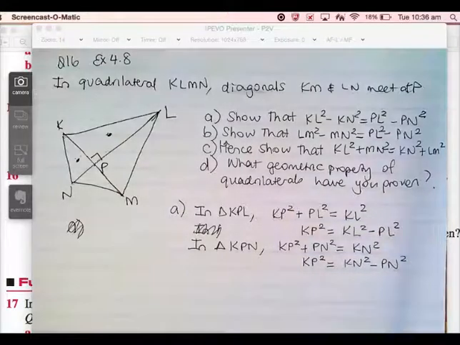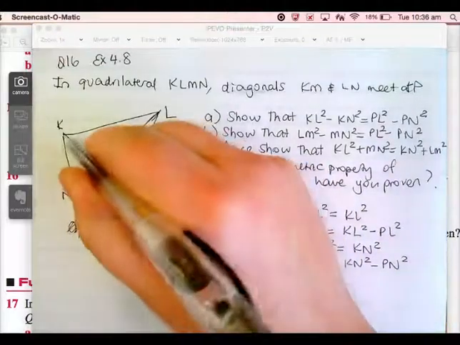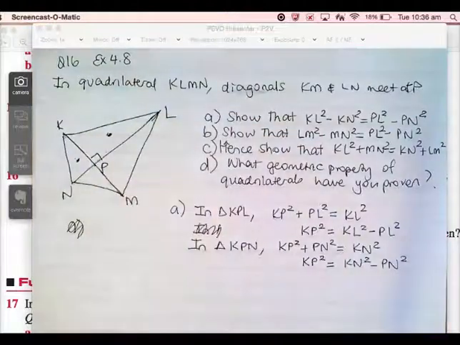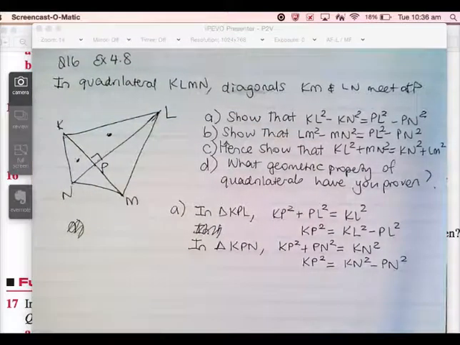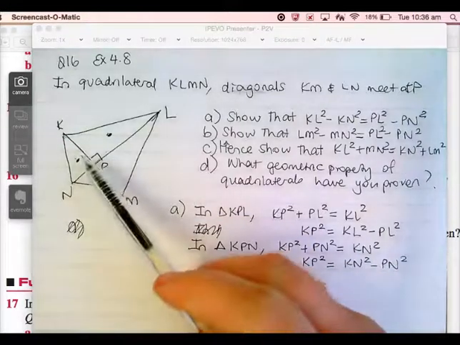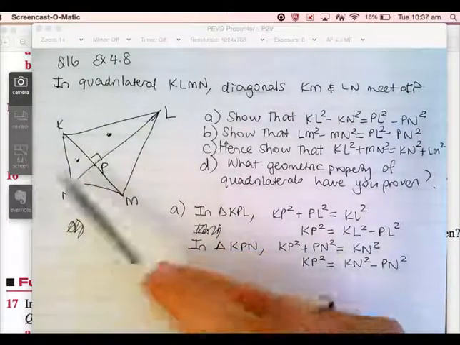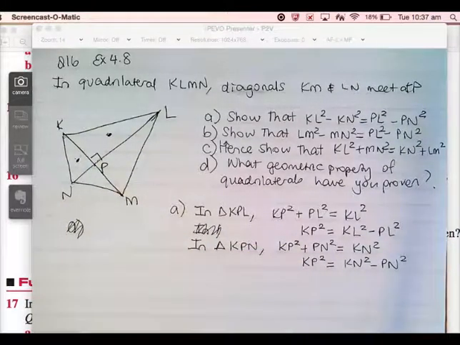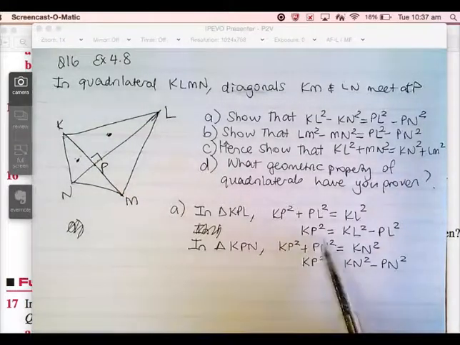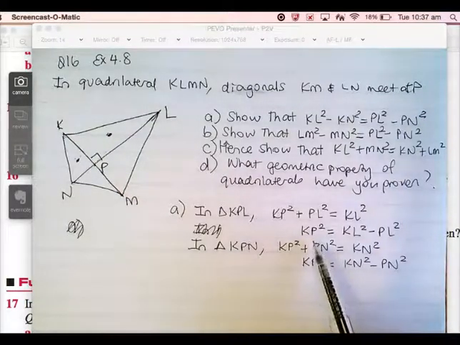The other reason I did this is, KP is the common side of both triangles. It's the thing that links the 2 triangles together. That's also why I made KP squared the subject of the formula.